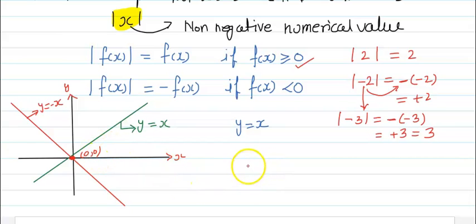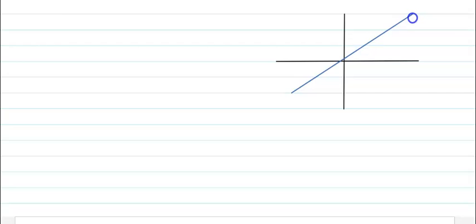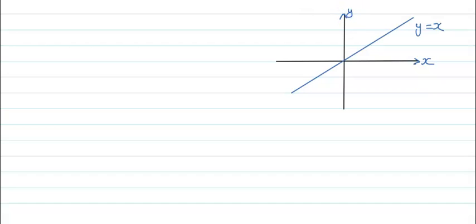Then what will happen if we are going to sketch the modulus x graph here? Let's have a look. To sketch the modulus x graph, first we'll draw the line y equal to x. So it will pass through the origin. This is the line which is representing y equal to x, and this is our x-axis and this is our y-axis.